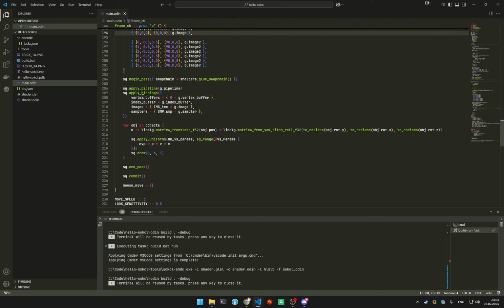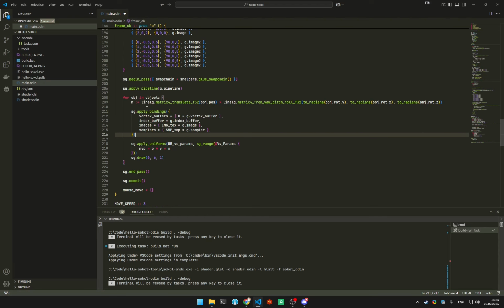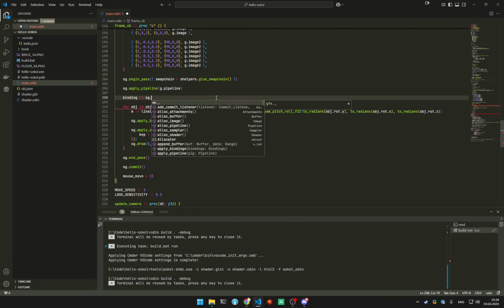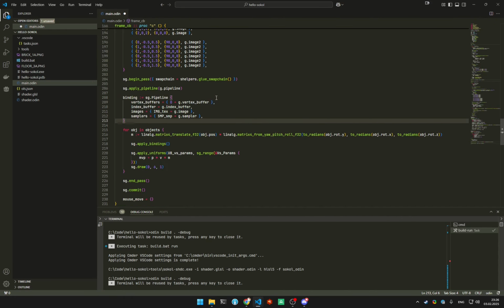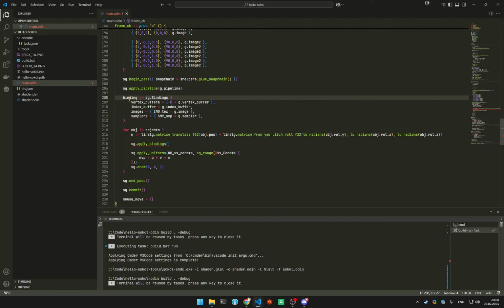And what we need to do now is to actually also change the bindings every time we change the image. We won't really track the image right now because that's a whole different topic, but what we will do is create a binding object, SG bindings.